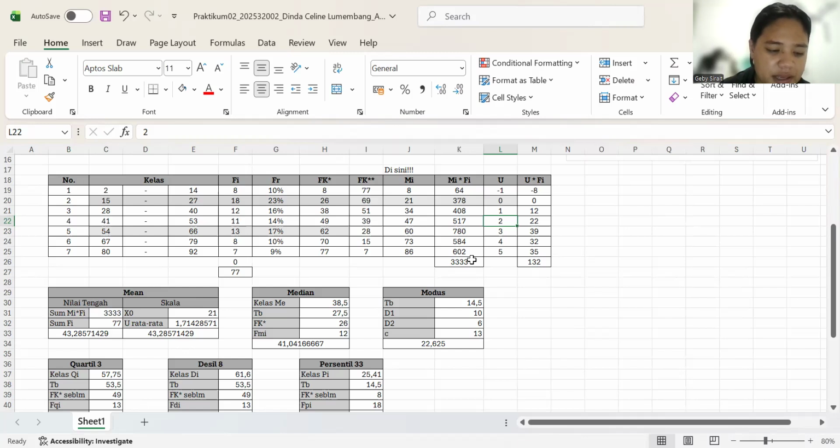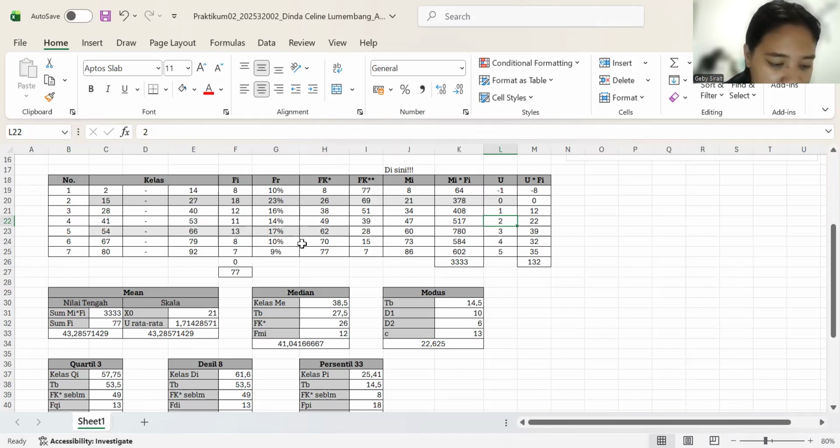A measure of central tendency: the mean again. There are two ways to calculate the mean value. The first method is by dividing the total sum of the f times x count by the total frequency.